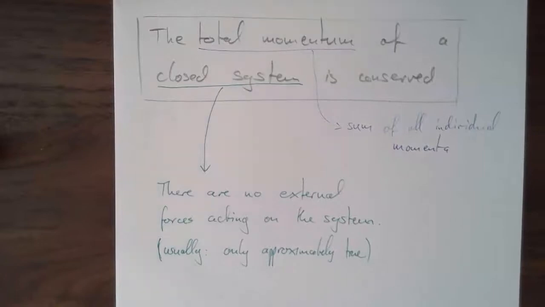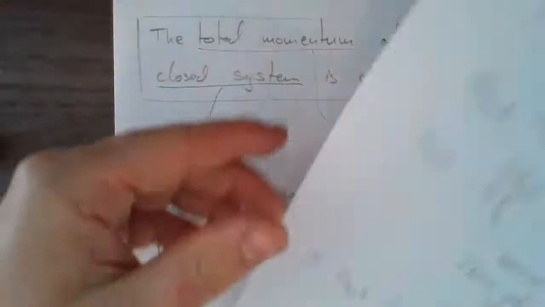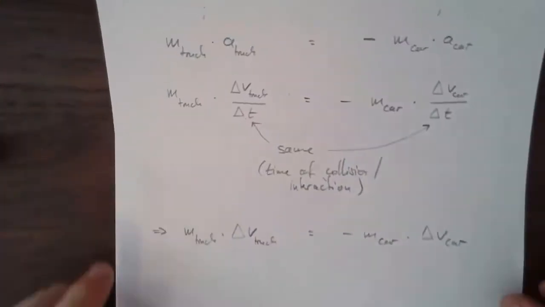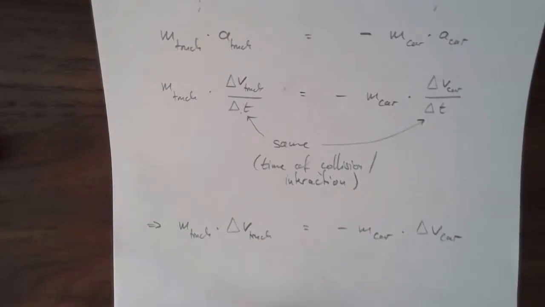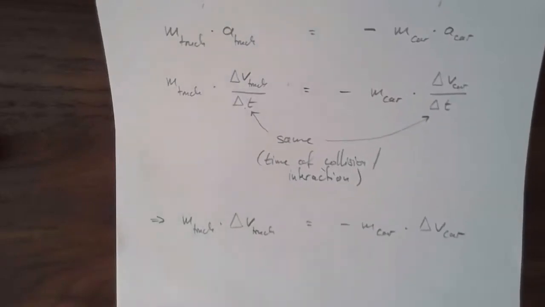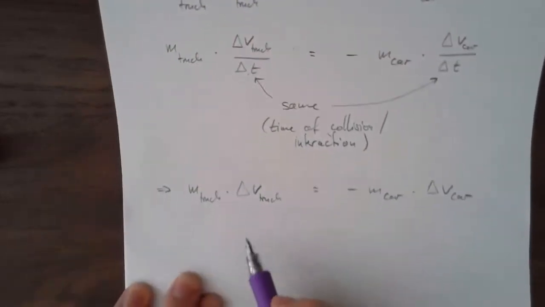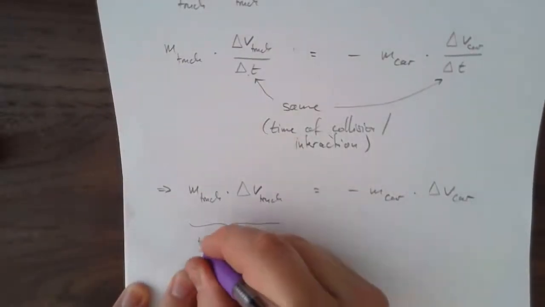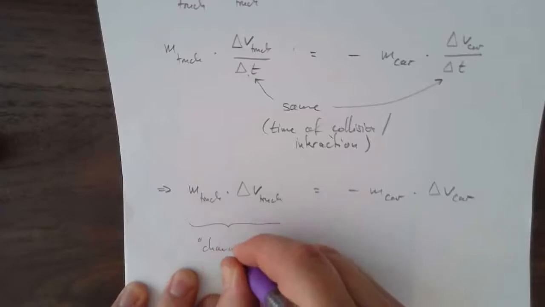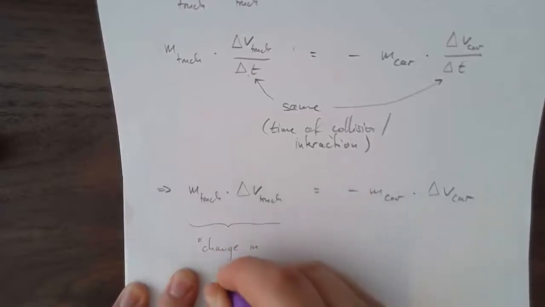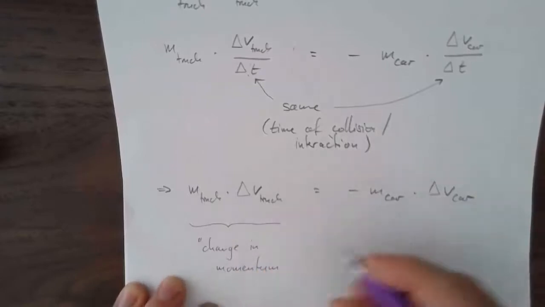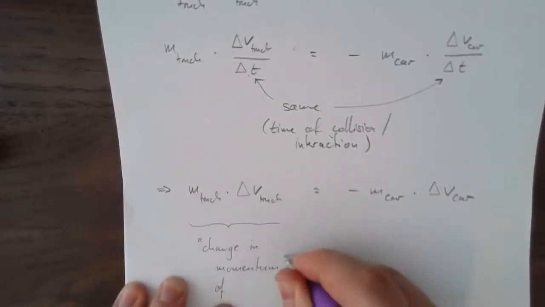Okay. Now let me briefly come back to introduce another small terminology. Remember, I asked you to leave some space here, because given that we call m times v the momentum, we can now label this as the change in momentum of the truck.